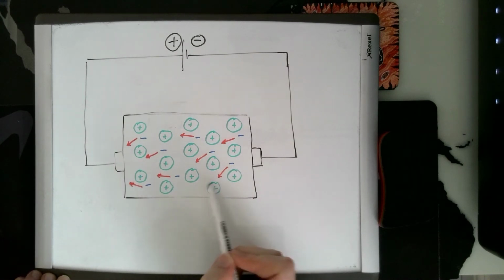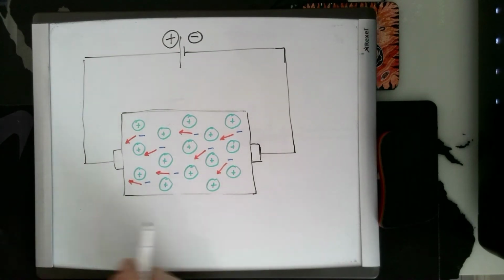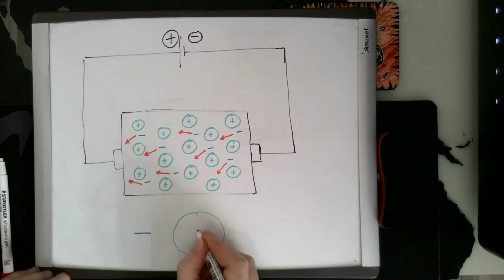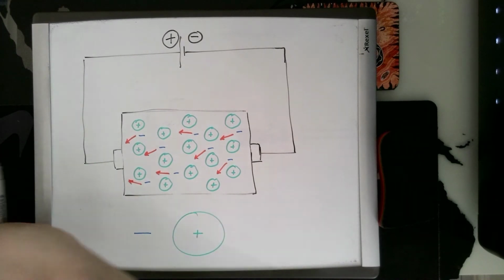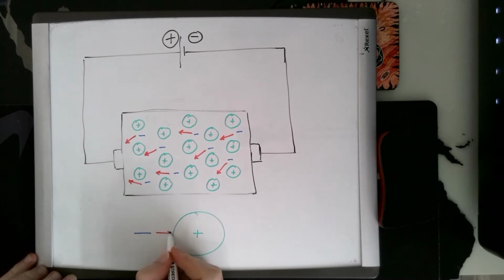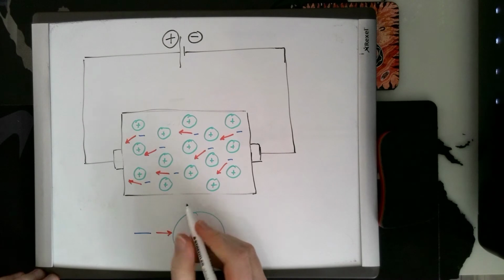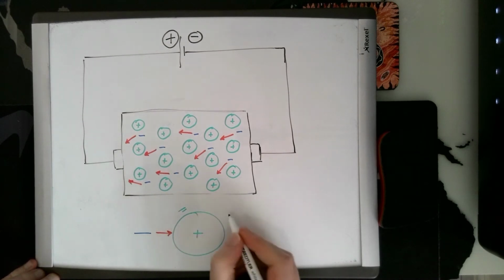And when those electrons collide with the ions, let's draw ourselves a more in-depth picture here. So there's my electron, here is my ion, and this electron is going to collide straight on with the ion. Well, it's going to cause that ion to vibrate.